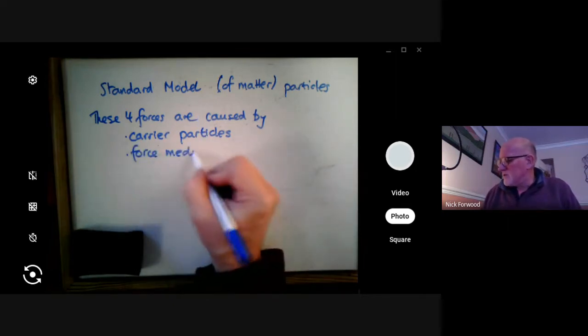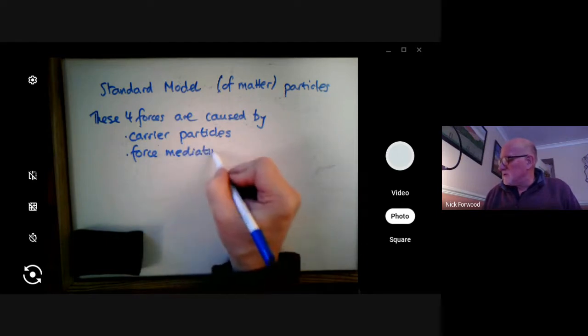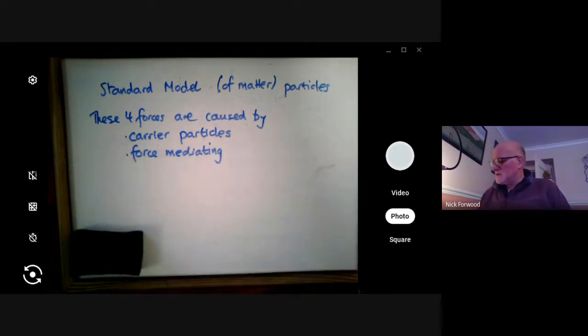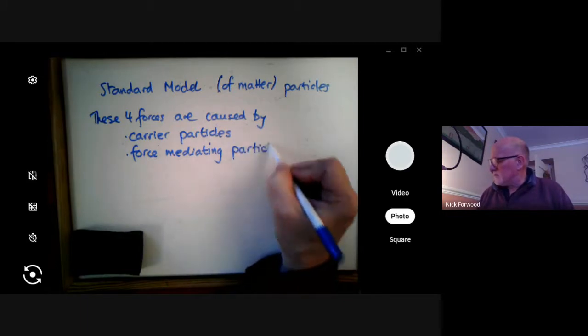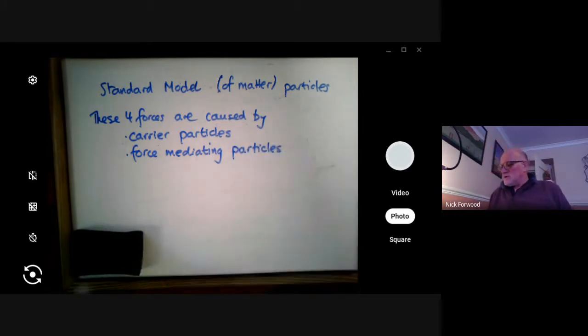Now, these are just words. And again, you've got to learn these words. So if you see these words coming up in exam papers or question papers, you'll know what they're talking about. So the four forces are caused by particles. And they are called either carrier particles or force mediating particles, mean the same thing.